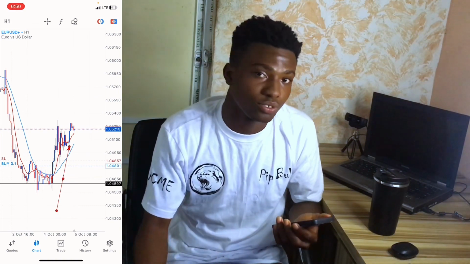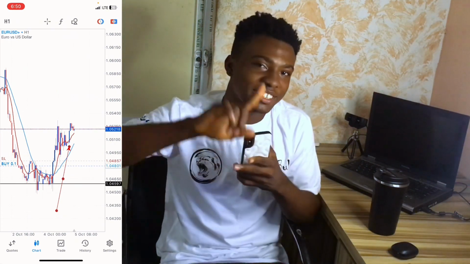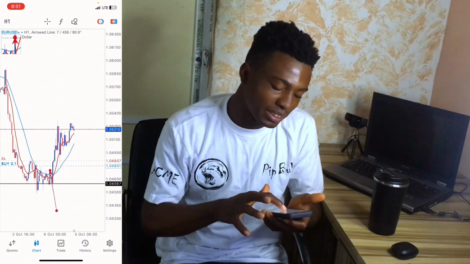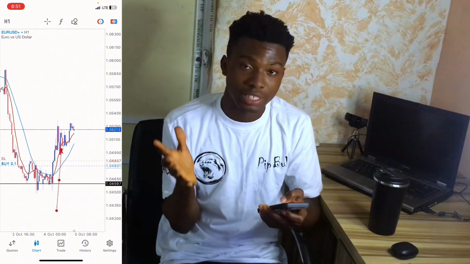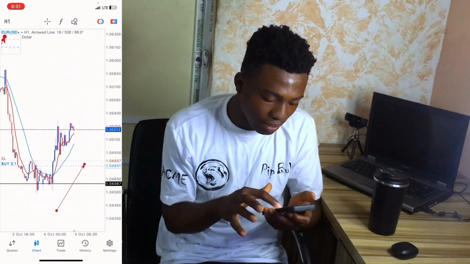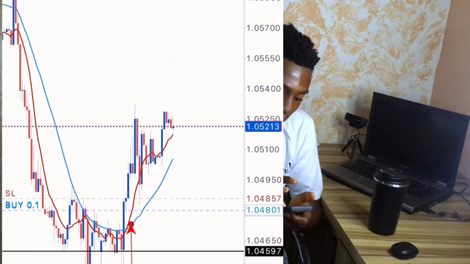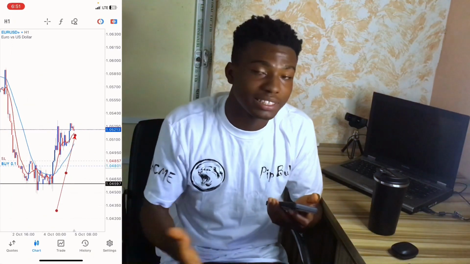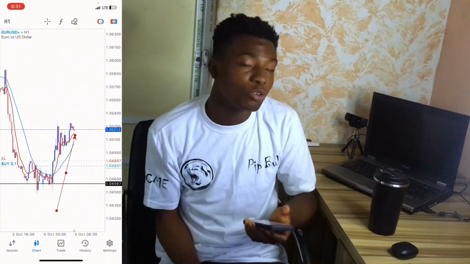The trend is active. If you know that Charlie Puth song, so it's active. If you look at the 9 moving average, you can see that price has been respecting it throughout. So as long as price is respecting this 9 moving average, I'm holding this trade.